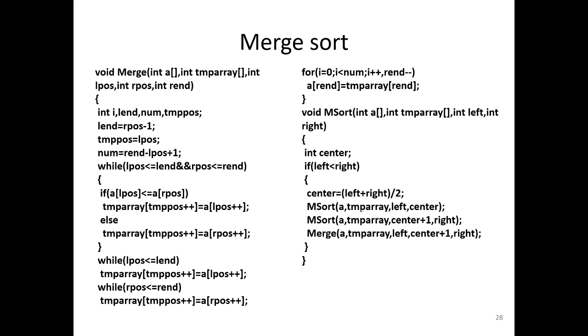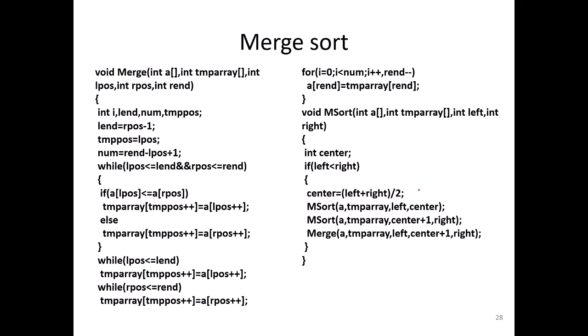Next you recursively divide the set of elements into subparts by calling the msort function again, passing the array, the temporary array, and left and center. For example, if you have 8 elements in the list, the mid value will be 0 plus 7 divided by 2, which is 3.